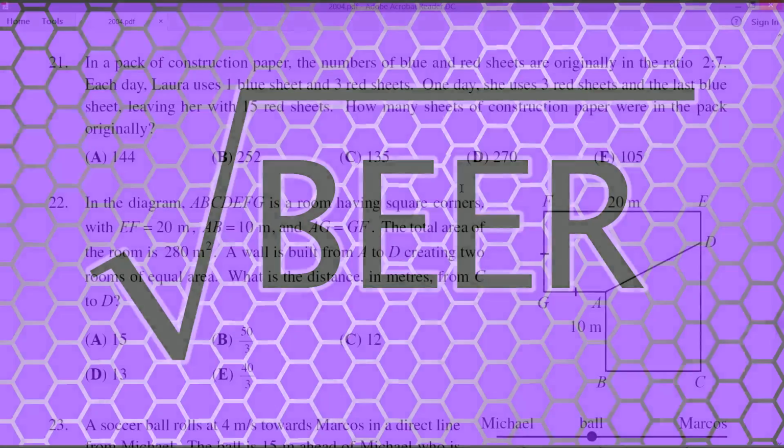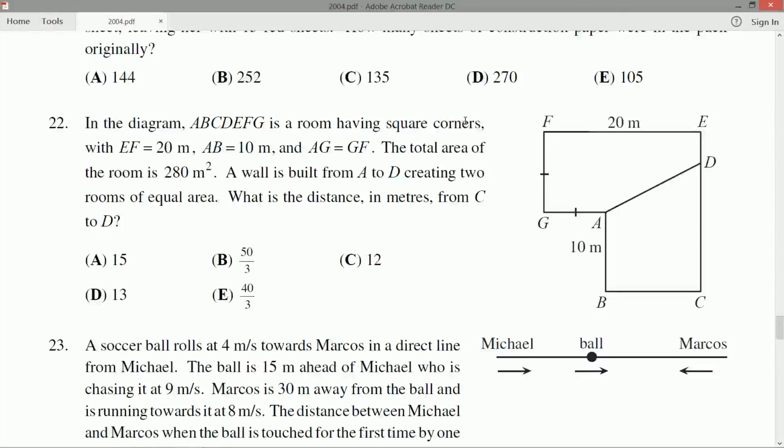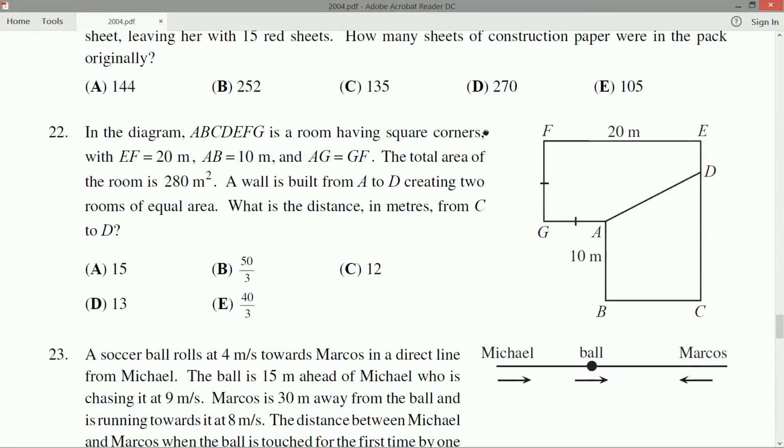Root Beer here with question number 22 on the Cayley paper. In the diagram, A, B, C, D, E, F, G is a room having square corners. With EF equal 20, they have that labeled up here. AB is 10, AG is equal to GF, even though it really doesn't look like it on their picture.